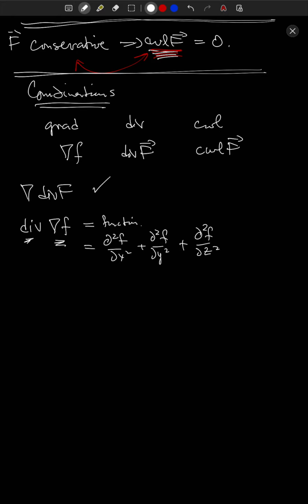Now, there's no really nice identity that exists here, but this guy is actually a super important quantity, and it's so important it has a name. It's called a Laplacian.